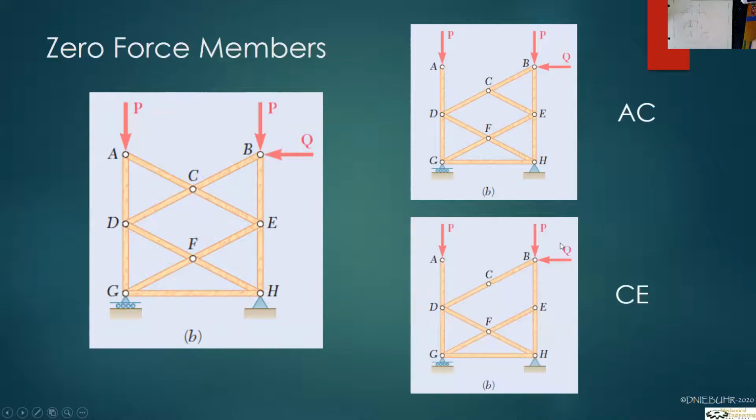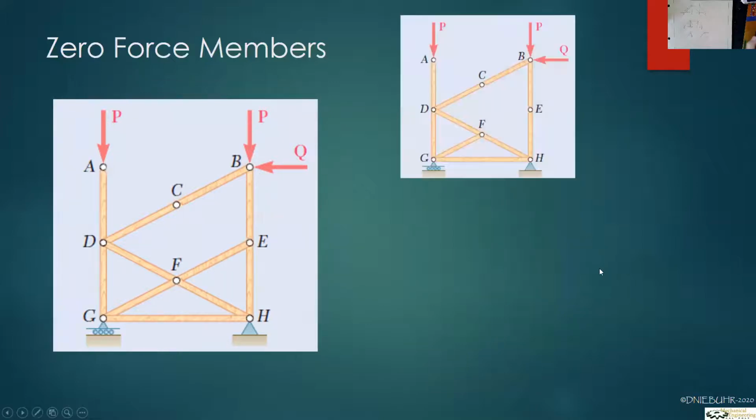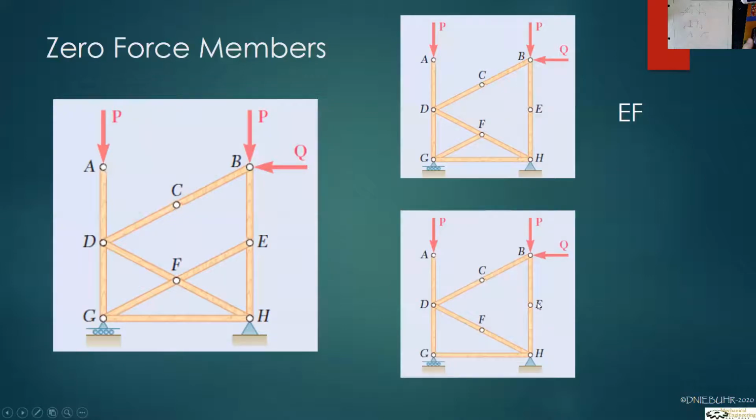So it's going to disappear. And then if we come down to E, we see that E is now no longer needed because it's part of a three, with the third one being not straight. And then that gets rid of the last one, FG. And there you have it.